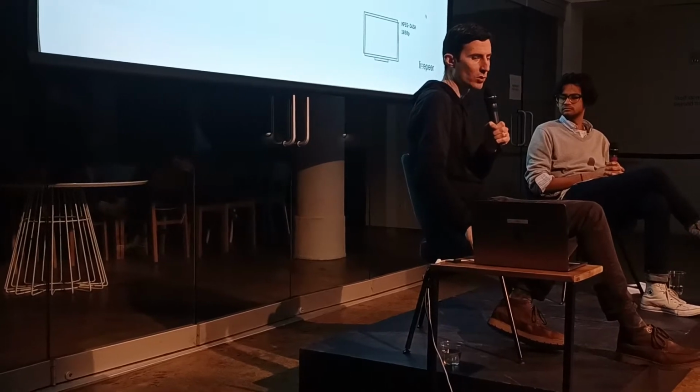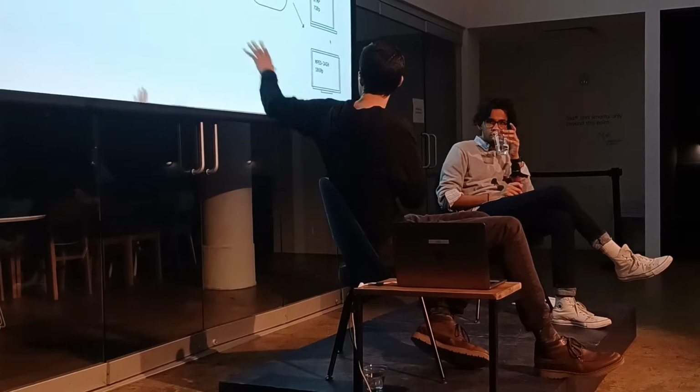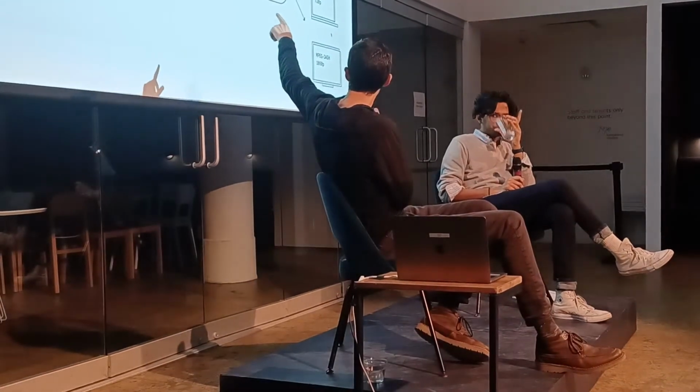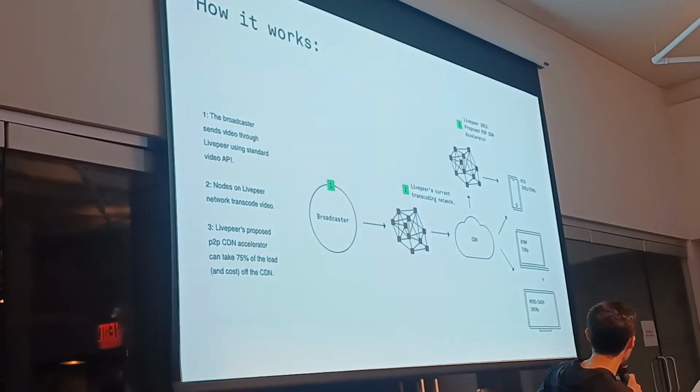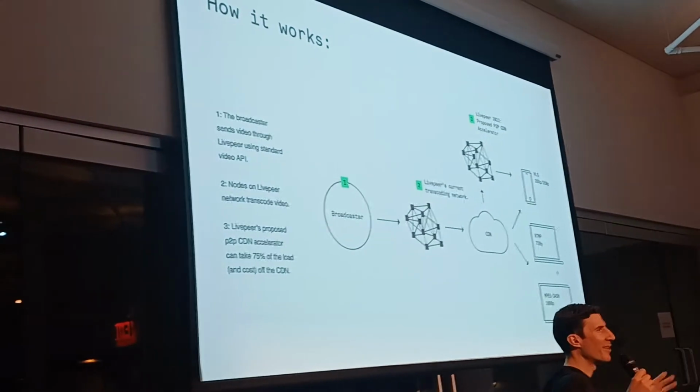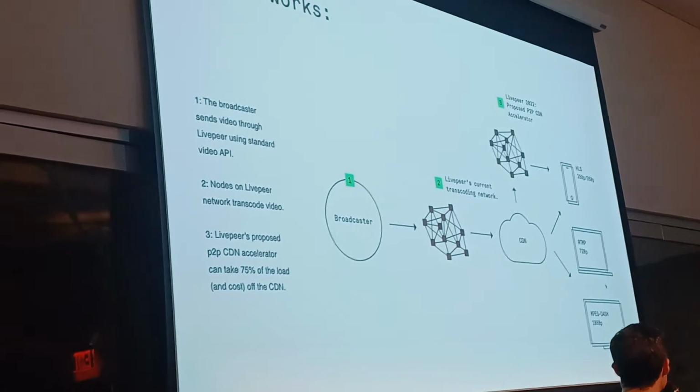Using open source software, you can access software for free that can do the encoding, and you can outsource the heavy lifting of doing the video transcoding into all the formats to Livepeer's peer-to-peer network. It's just a graph diagram, but that is a peer-to-peer network of operators on the Livepeer network doing the encoding.